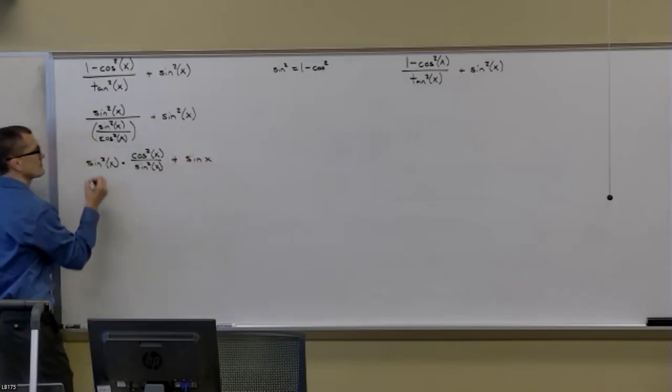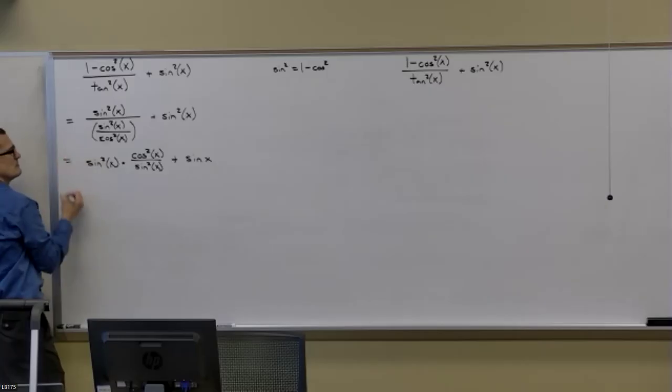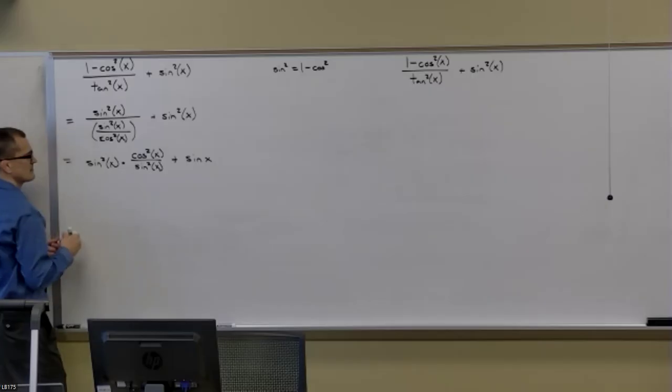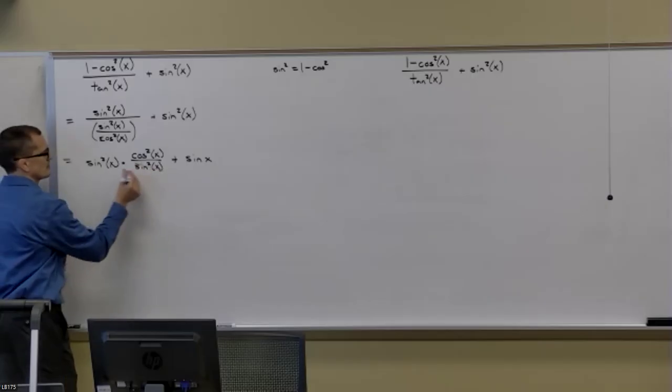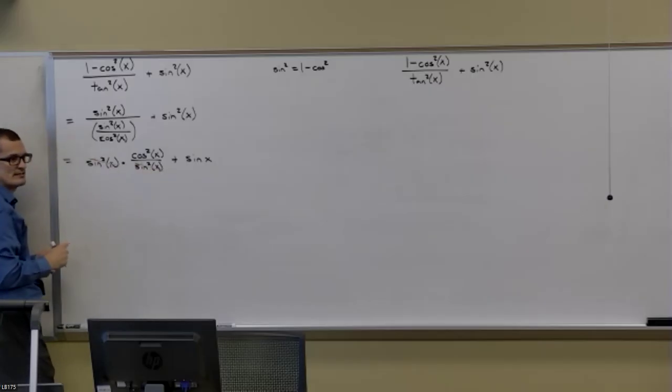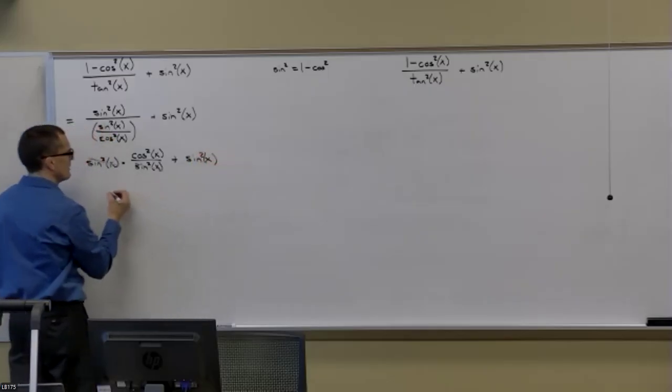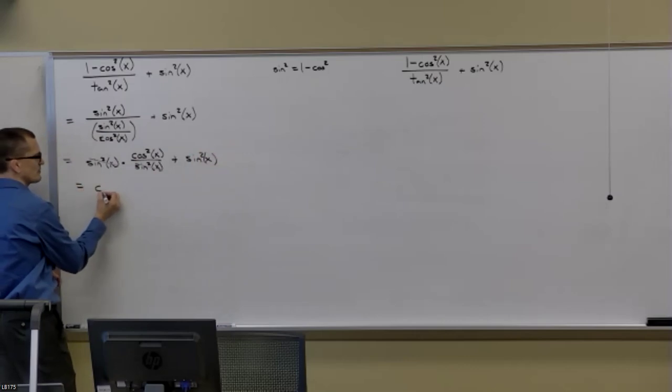Plus. Sine can cancel out. So sine squares will cancel out. And I'll just be left with cosine squared plus sine squared.